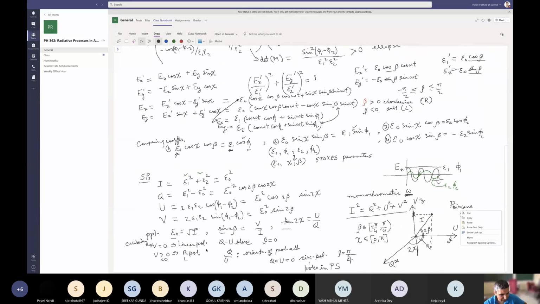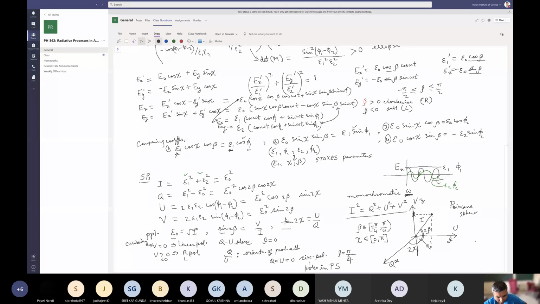So V greater than 0, or beta between 0 and pi by 4, is right elliptical polarization, and V less than 0 is left elliptical polarization. So in general it's elliptical polarization.